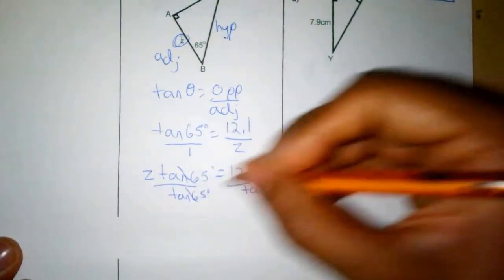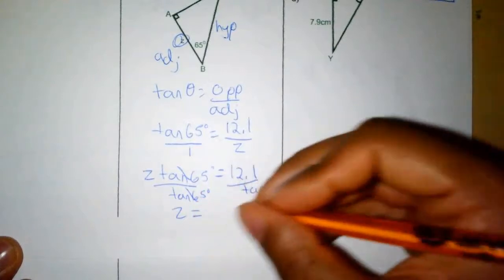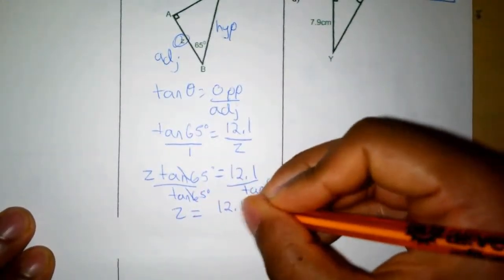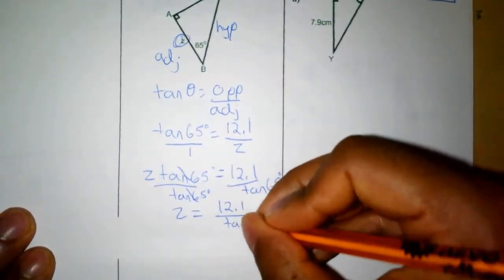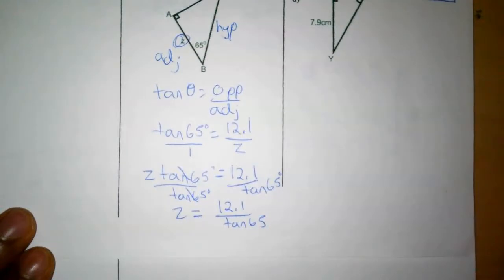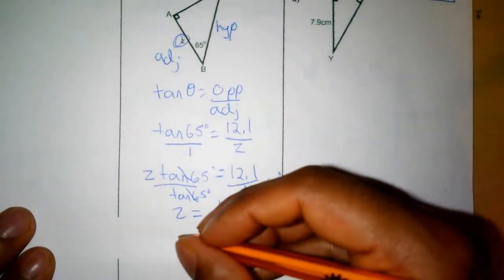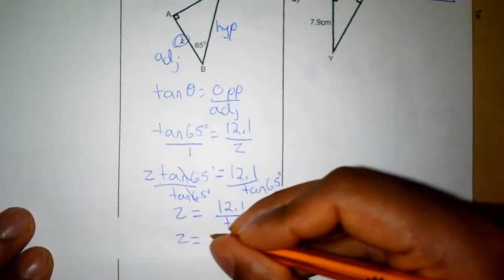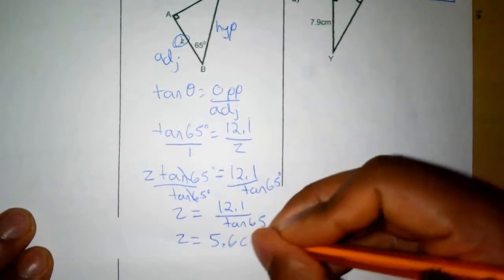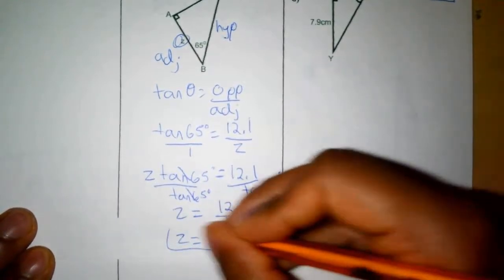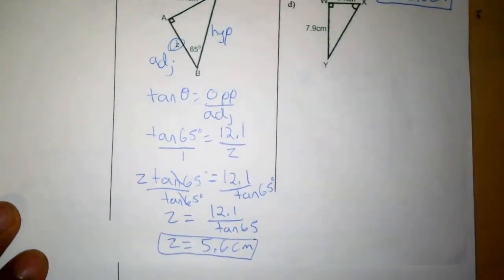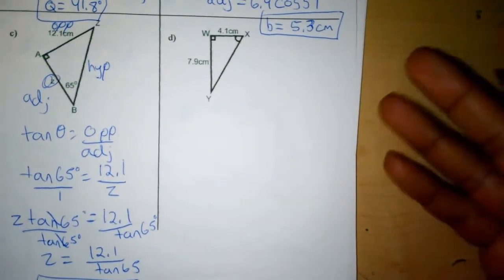So this will cross out, and we're left with Z is equal to 12.1 divided by tan 65. If you do that on your calculator, you should get Z to equal 5.6 centimeters. So this is nothing new. It's just combining all the trig functions, so you have to figure out which one to use.